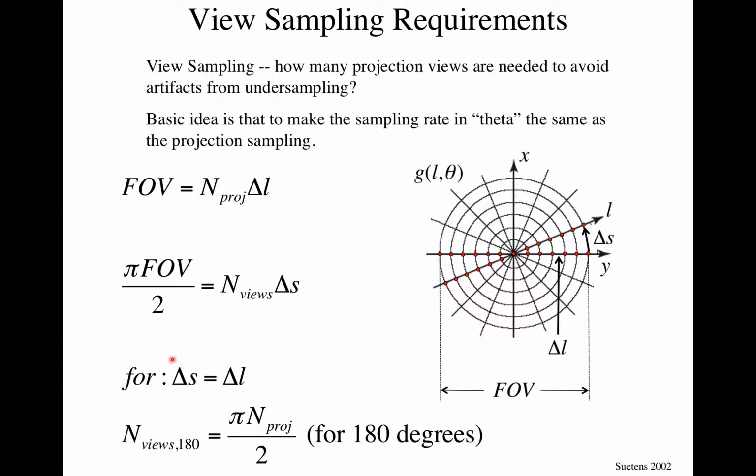So if we set the criterion that delta S and delta L are the same, the number of views required is the number of projected views times pi over 2, so it's like 1.54 or whatever. So if I have 100 here, I need about 150 views.